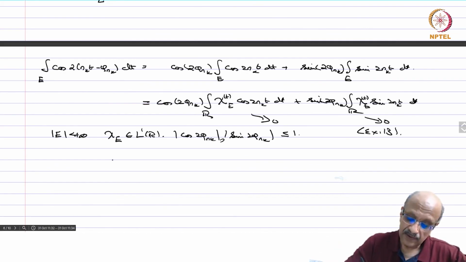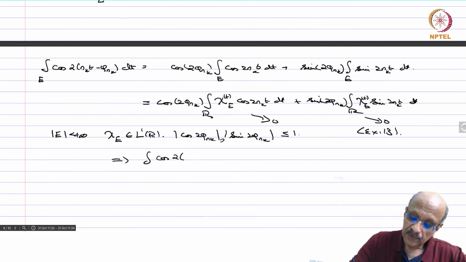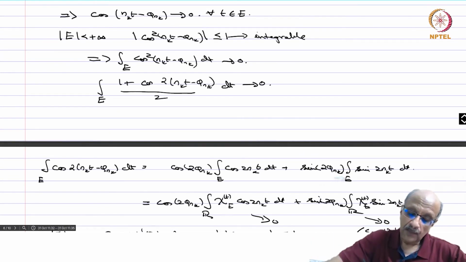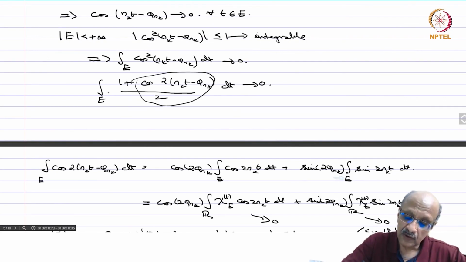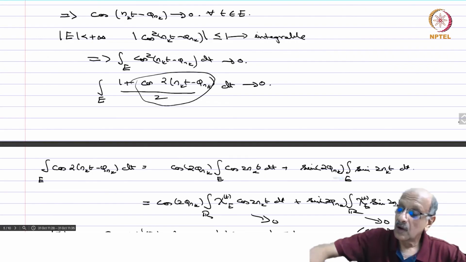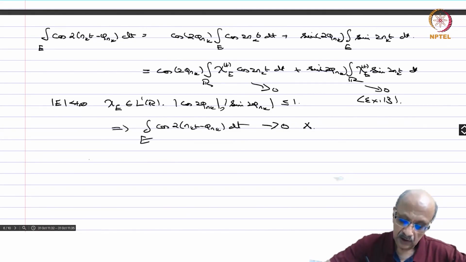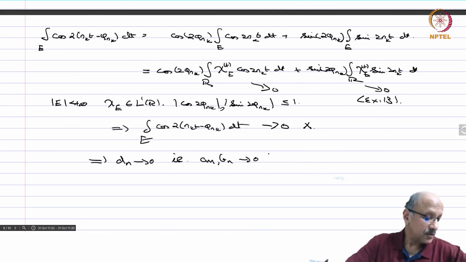And this implies that the integral of cos(2 n_k t minus phi_{n_k}) dt over E goes to 0, and that is a contradiction, because 1 plus that, by 2, goes to 0. Now this alone goes to 0, so that means it has to go to half, which is not so. We have shown that it goes to 0, and therefore it's not possible, and therefore this is a contradiction. So this implies that d_n goes to 0, that is, a_n and b_n both go to 0.